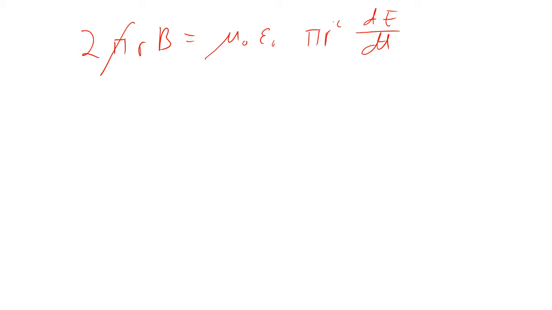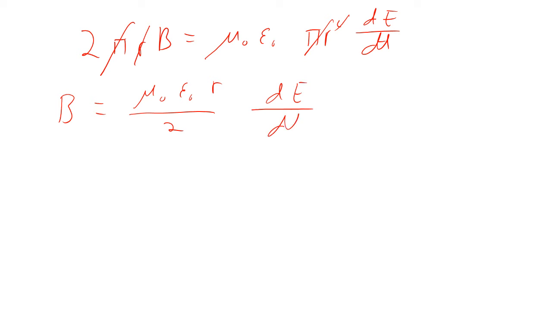So that pi cancels that pi, that r cancels that r. It looks like we're getting close to finding the magnetic field: B equals mu naught epsilon naught r over 2 times dE/dt. Now all we have to find is the electric field in there.